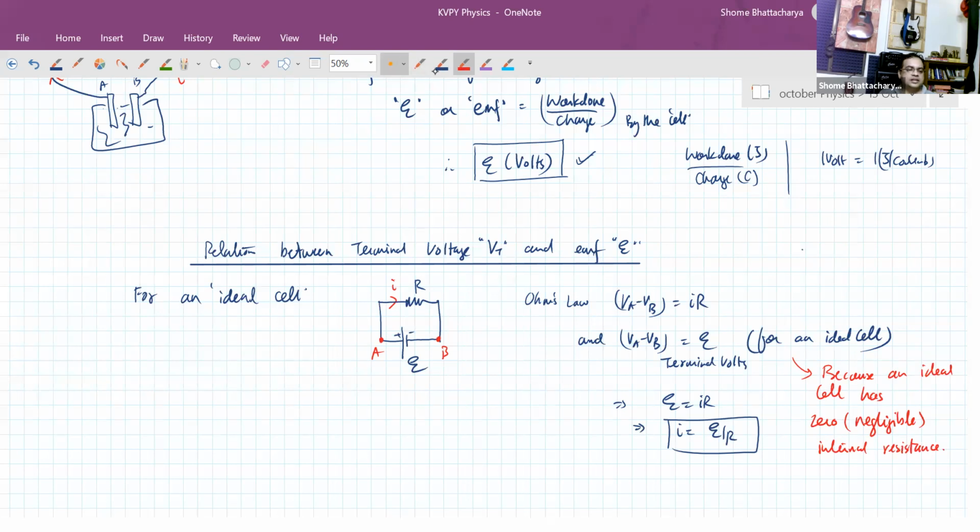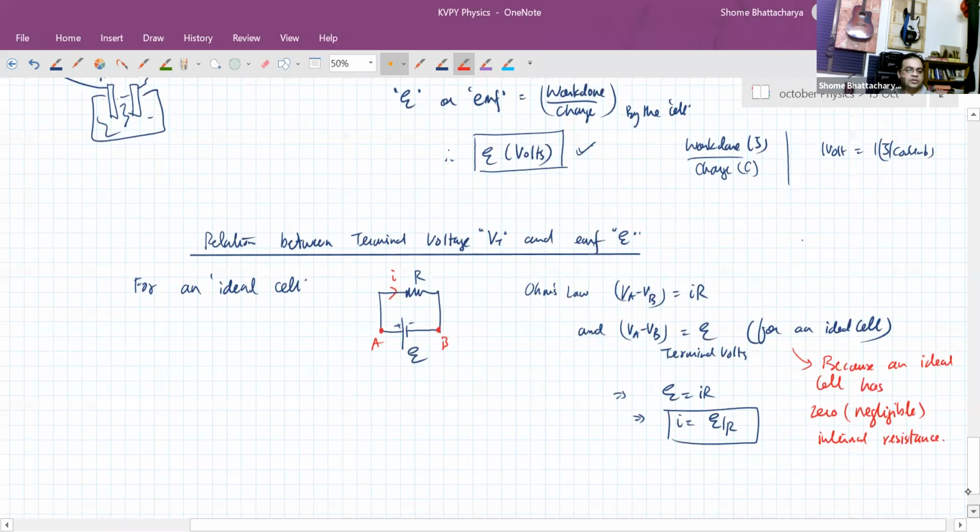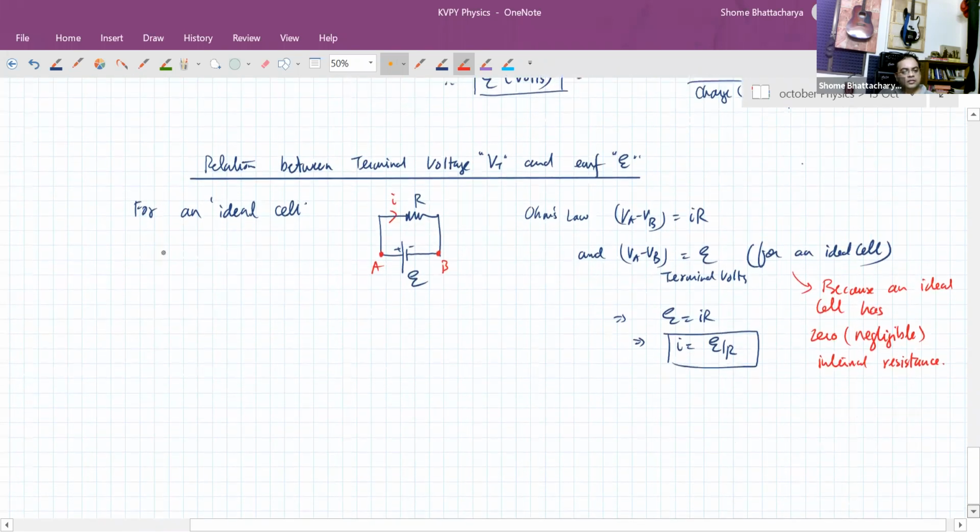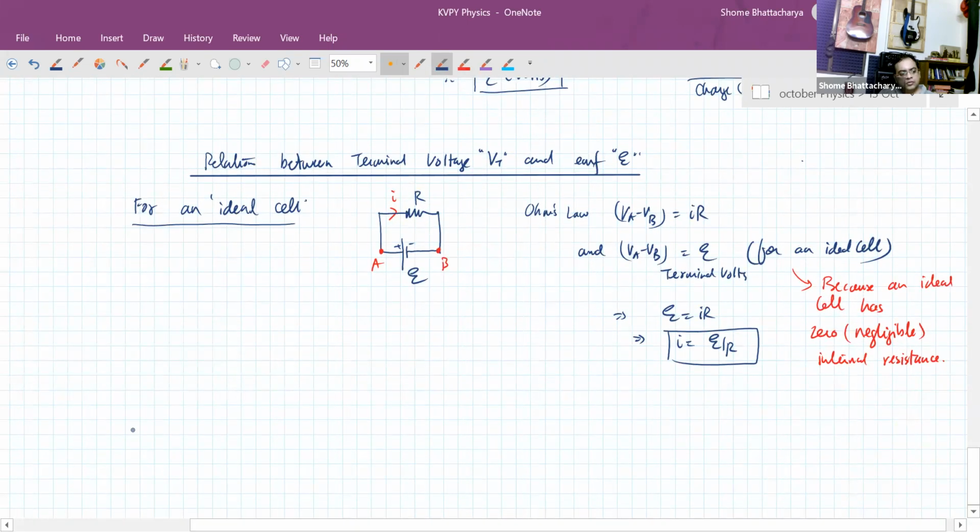However, a real cell will have a slightly different potential difference because it has something called internal resistance. So for a real cell, if we connect a resistor across it, what we will observe is that the current drawn by the resistor and the terminal voltage across the battery are slightly less than expected.